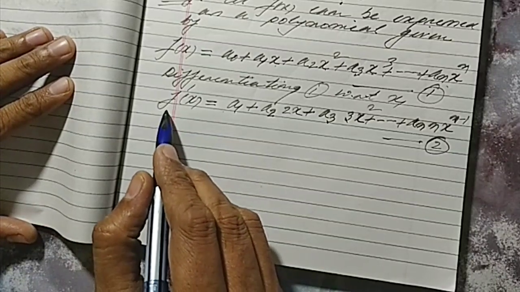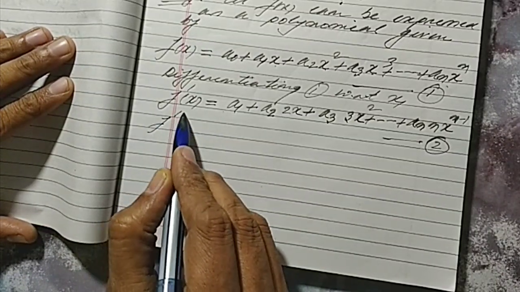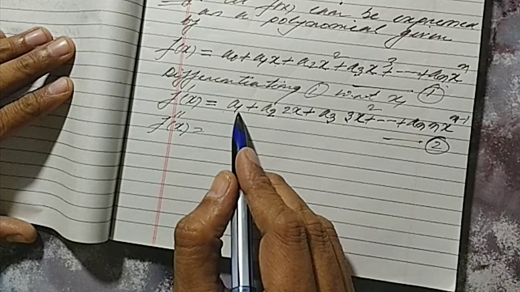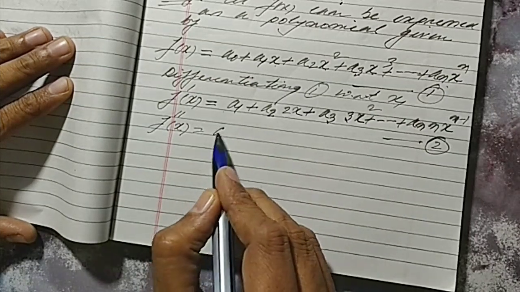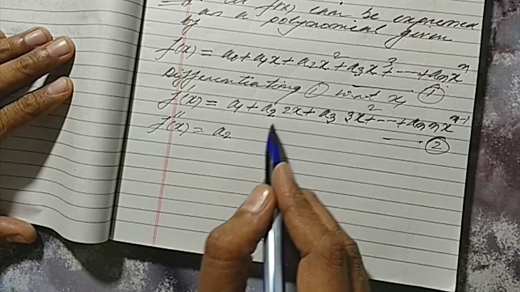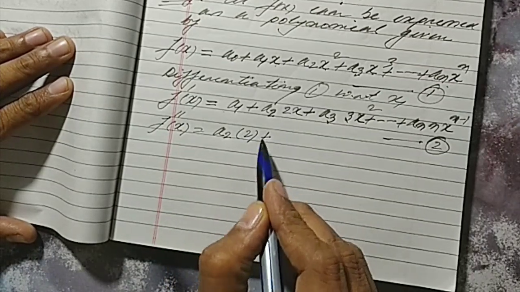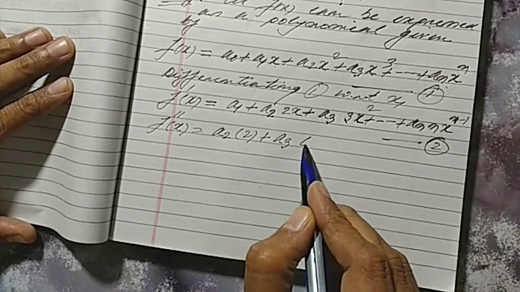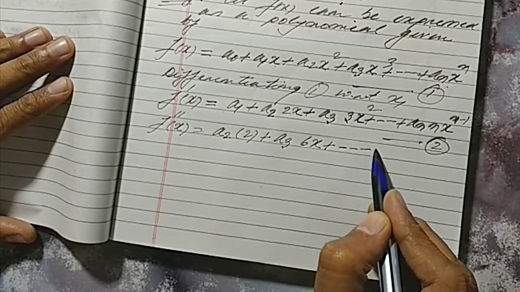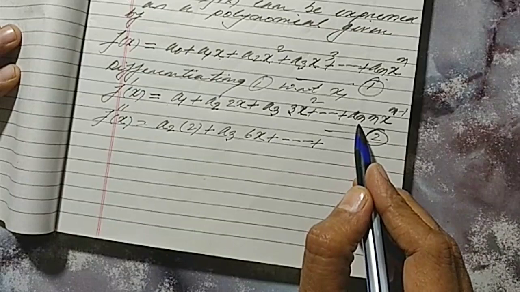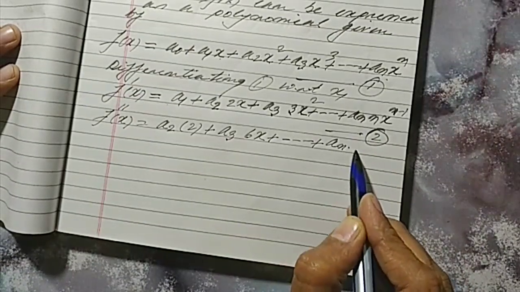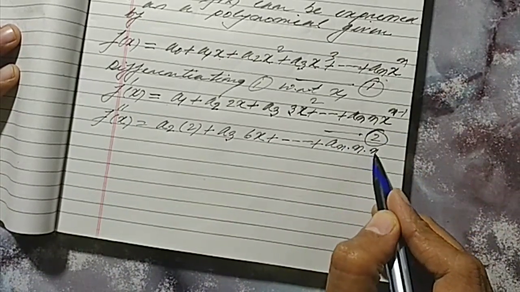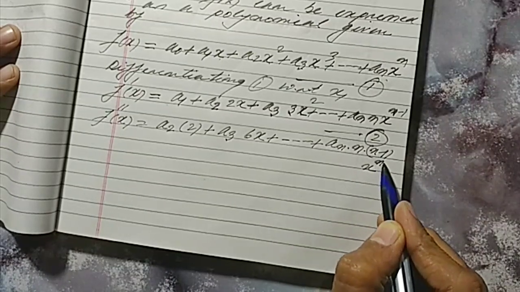Now let us differentiate equation number 2, so we get f''(x) equal to: a1 is a constant term, its differential is 0, and a2 is a constant coefficient and the differential of 2x is 2, plus a3 is a constant coefficient and the differential of 3x^2 is 6x, plus so on to the last term, an into n are constant coefficient and the differential of x^(n-1) is (n-1) x^(n-2).